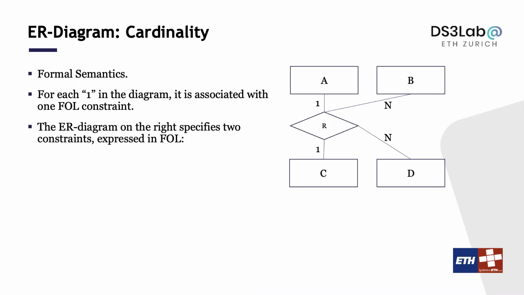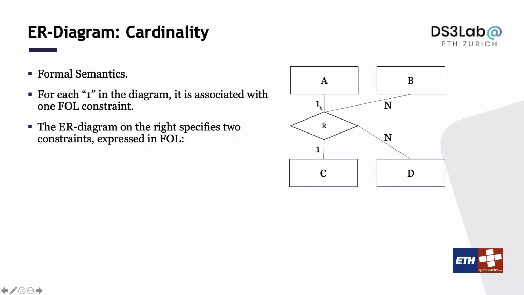we talk about this 1 and n notation, right? Essentially you can write either 1 or n for each edge. So if you have a diagram like this, the semantics is that for each 1, you generate 1 constraint.